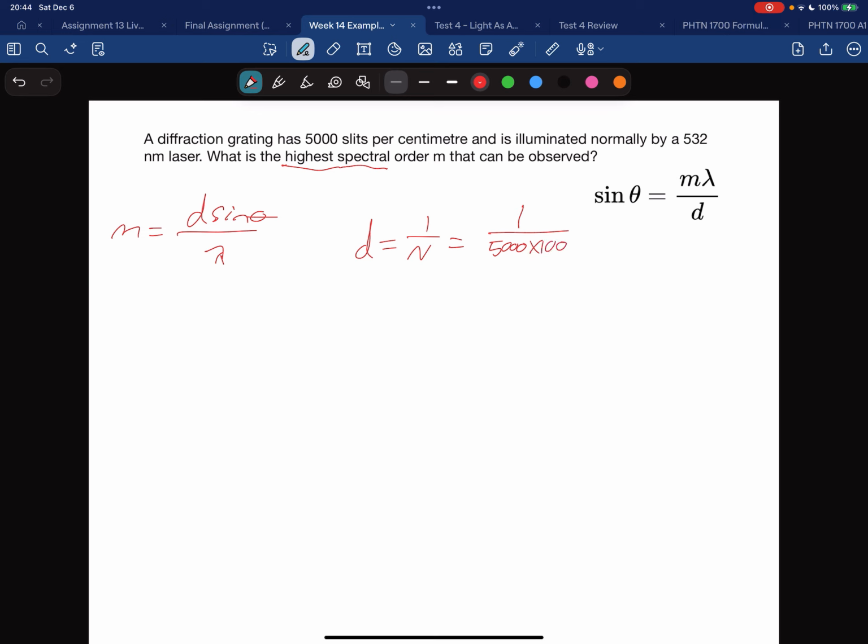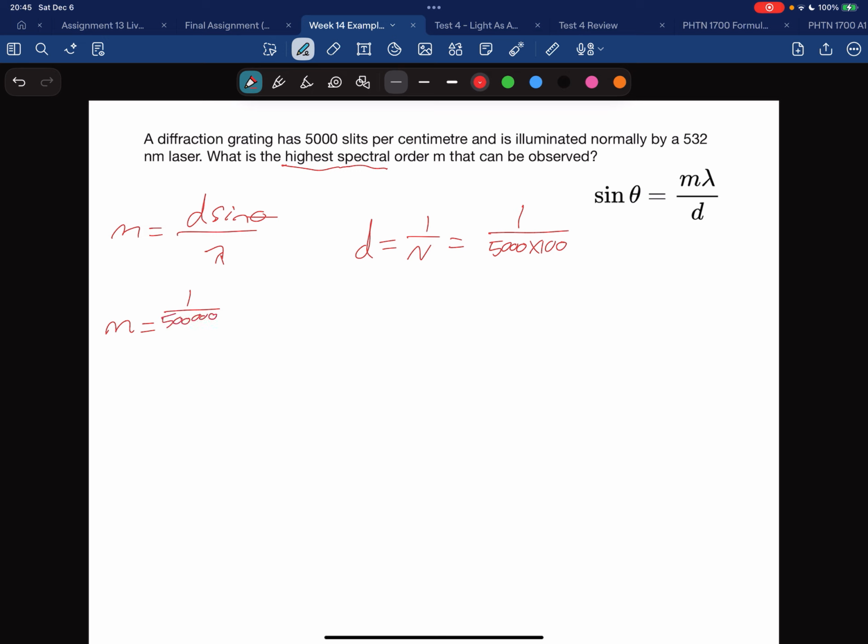We are given slits per centimeter, and because there are 100 centimeters in a meter, we will have 5,000 times 100 slits in a meter. And so D will then be equal to 1 over 500,000.